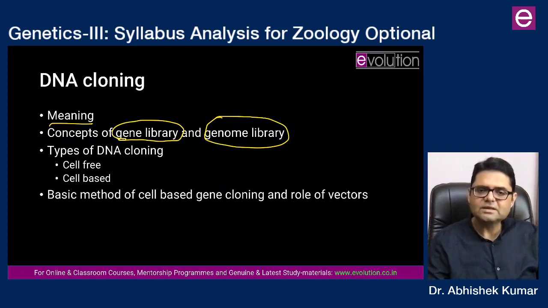Interestingly, neither of these is the correct definition or the correct explanation of what a gene library or a genome library is. Find what a gene and genome library is from a good book.